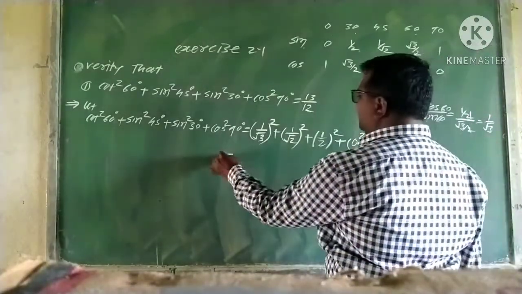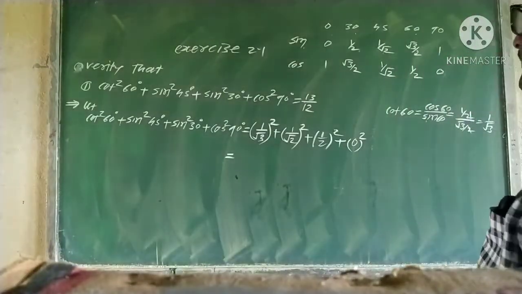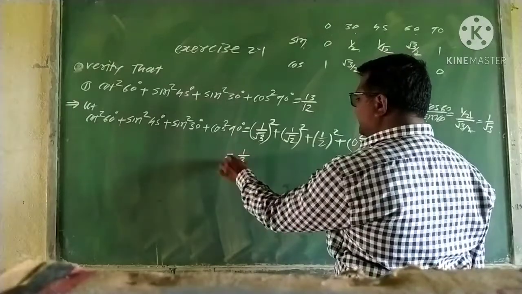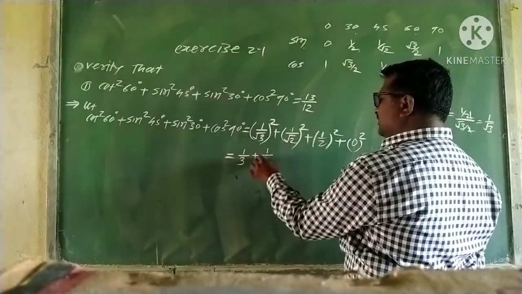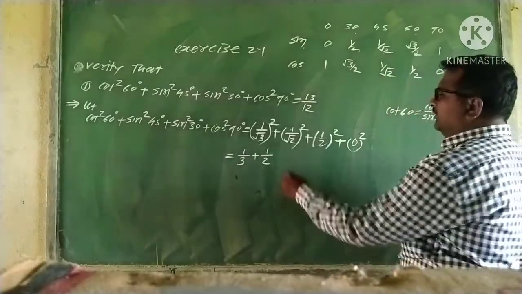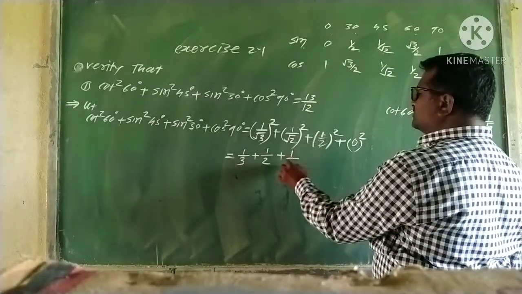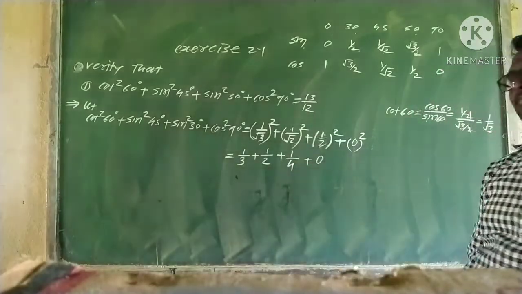Now firstly we write the squares of the given terms. 1 squared is 1, square root 3 squared is 3, plus 1 squared is 1, square root 2 squared is 2, plus 1 squared is 1, 2 squared is 4, plus 0 squared, that is 0.